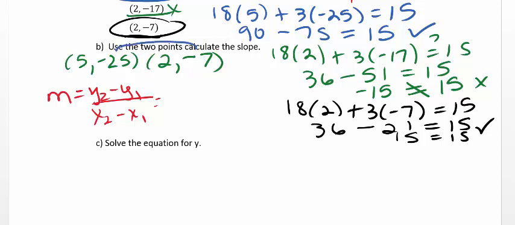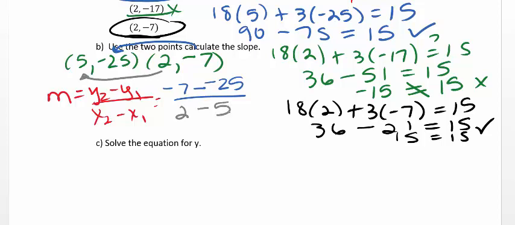So I'm going to subtract these two and do negative 7 minus a negative 25. And then x2 minus x1 means I'm subtracting the x value from the second point minus the x value from the first point. So that's 2 minus a 5.